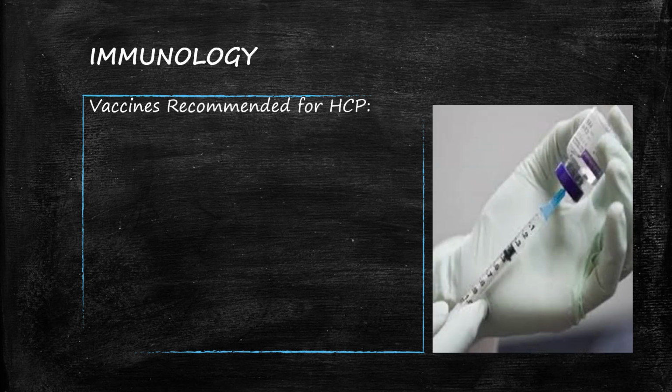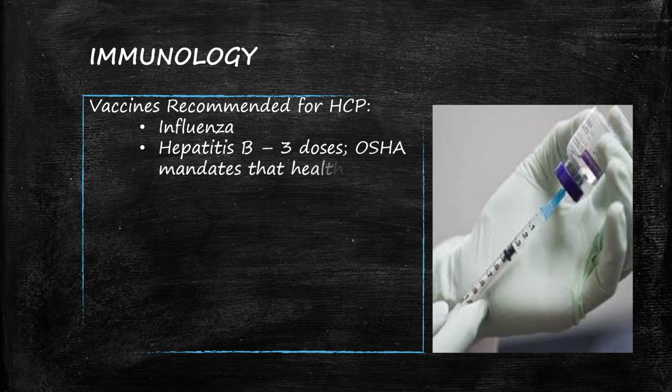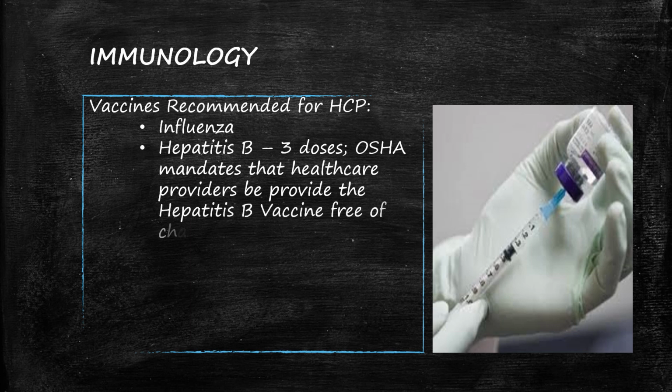Vaccines that are recommended for healthcare personnel, of course, influenza. We all know how important that is. Hepatitis B, the vaccine is 3 doses, and it is an OSHA mandate that this be provided to all healthcare providers. Measles, mumps, and rubella.